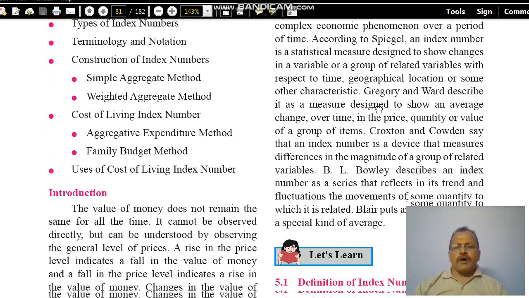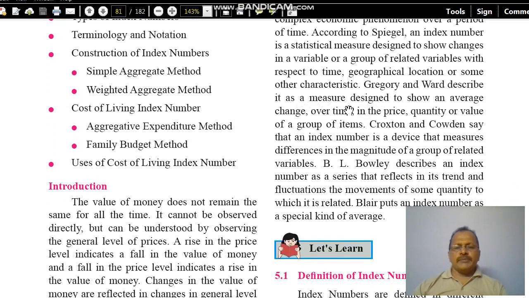Gregory and Ward describe it as a measure designed to show an average change over time in price, quantity, or value of a group of items. Croxton and Cowden say that an index number is a device that measures differences in magnitude of a group of related variables.